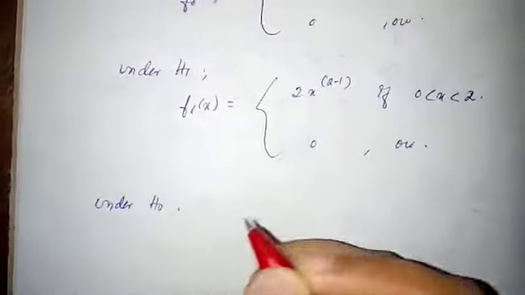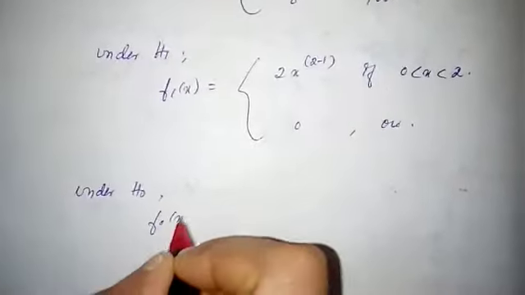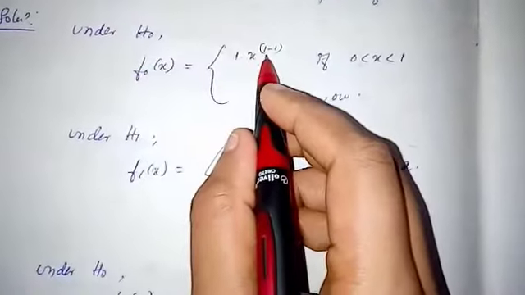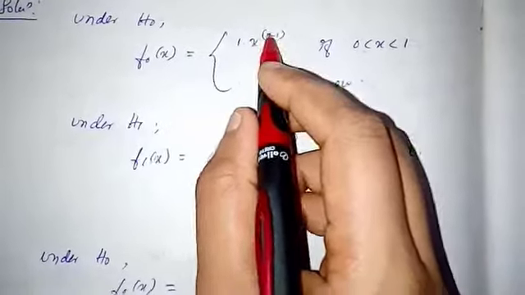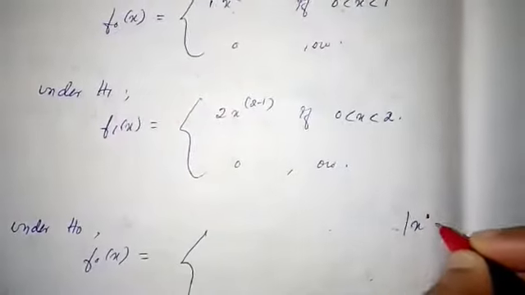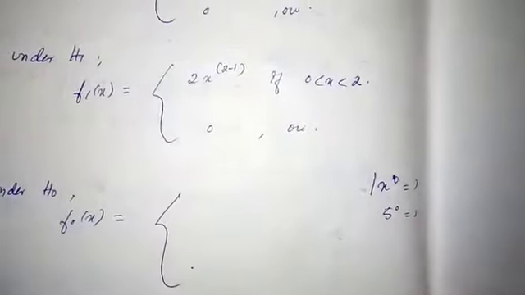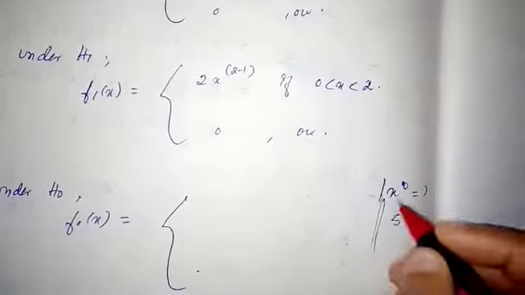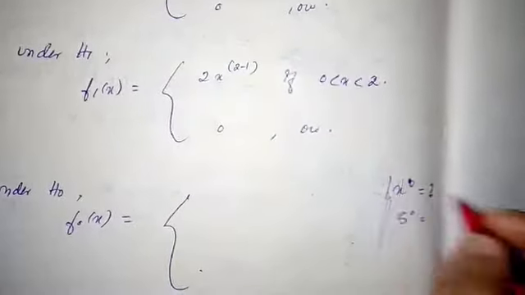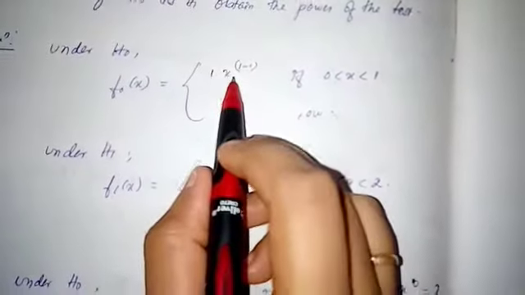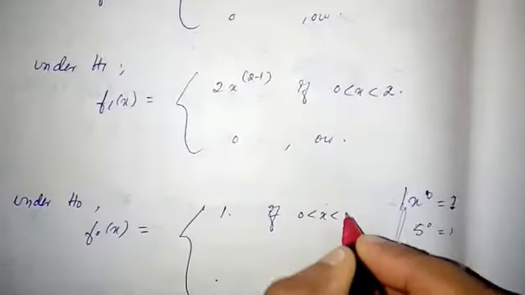Under H0, f0(x) equal to 1 times x to the power 1 minus 1, that is x to the power 0, which is equal to 1. Then f0(x) equal to 1 if 0 less than x less than 1.